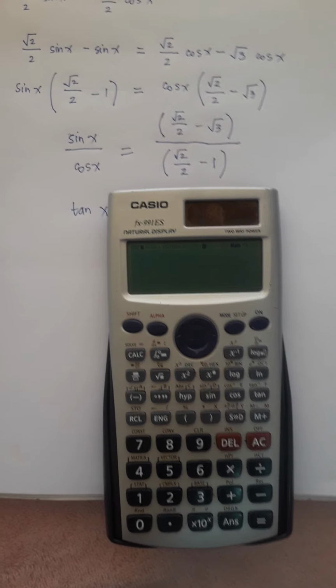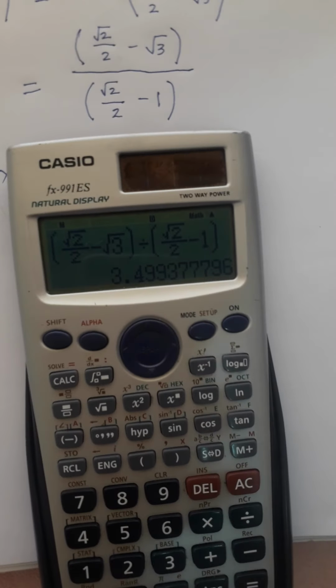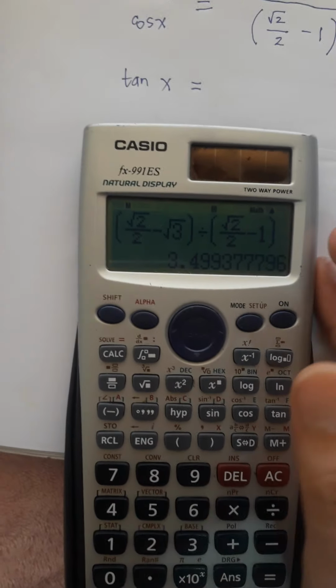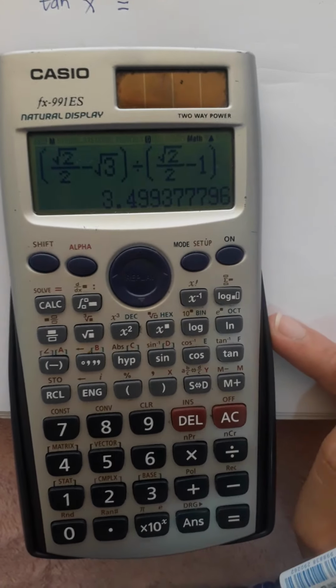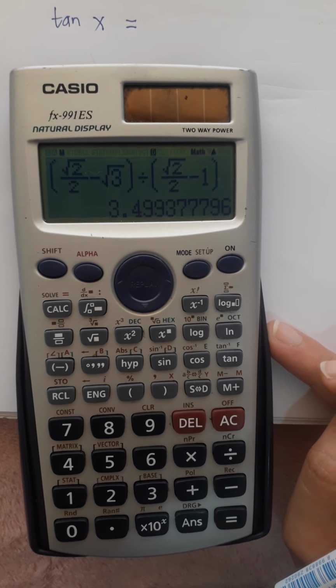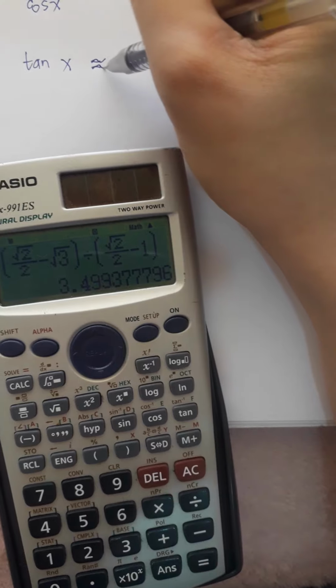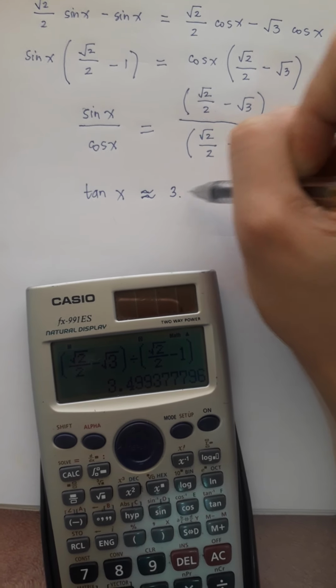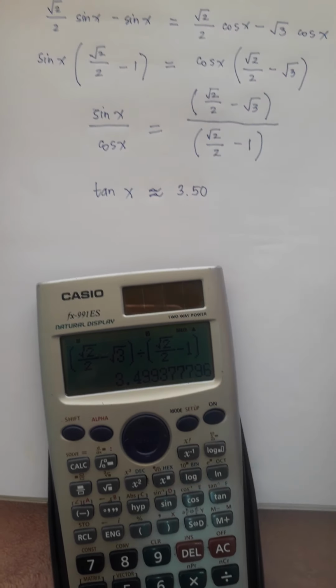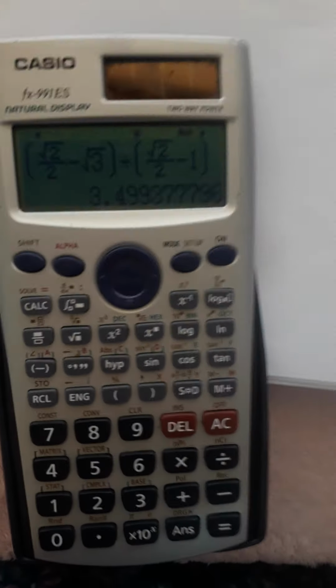And that gives me, okay, this is not an exact value, so we'll just approximate this to be 3.50, correct to three significant figures. So this is approximately tangent x equals 3.50, correct to three significant figures, because it's the value that we got.